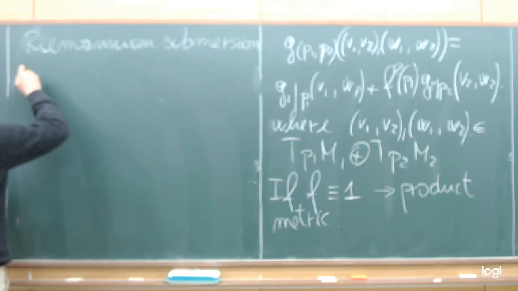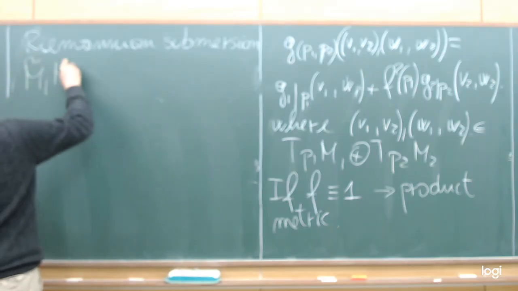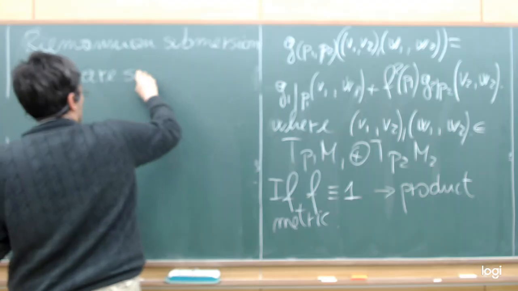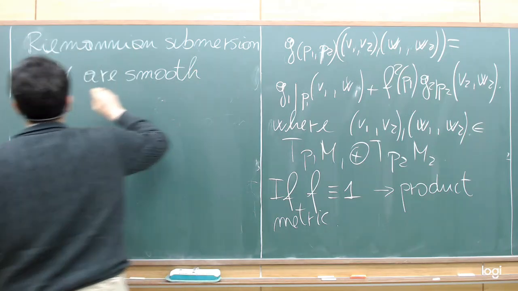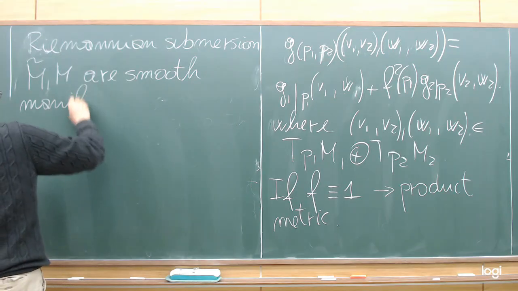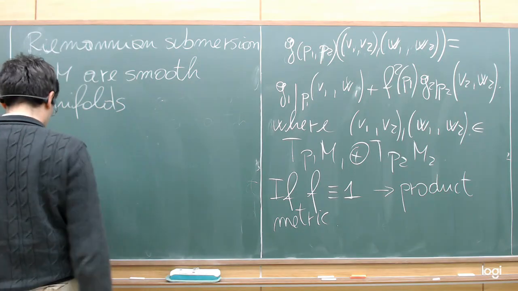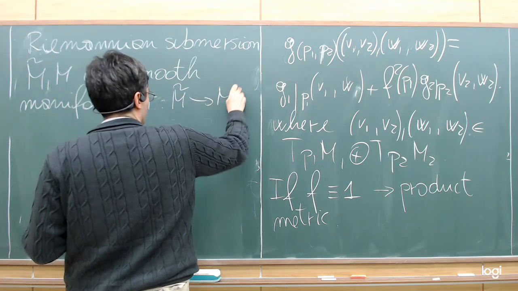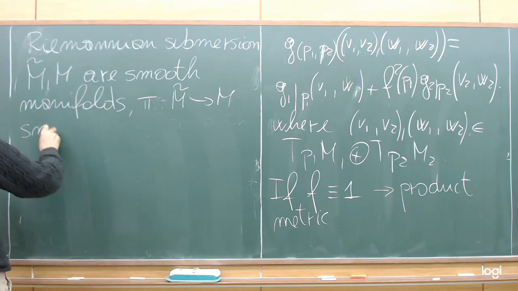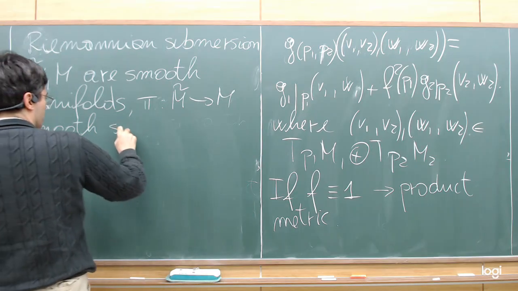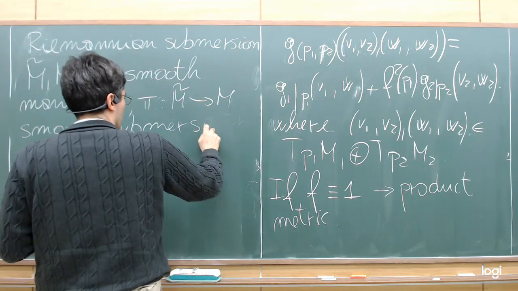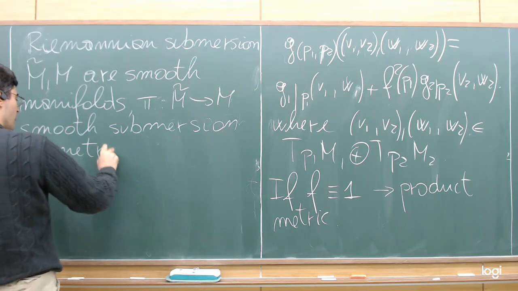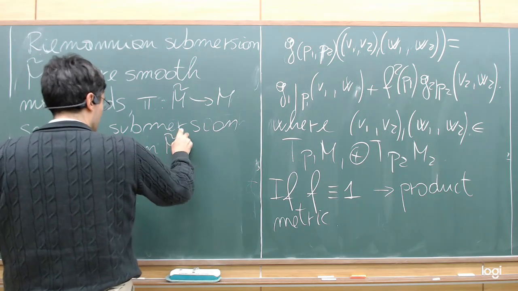So suppose that M tilde and M are smooth manifolds, pi from M tilde to M is a smooth submersion, and G tilde is a metric on M tilde.